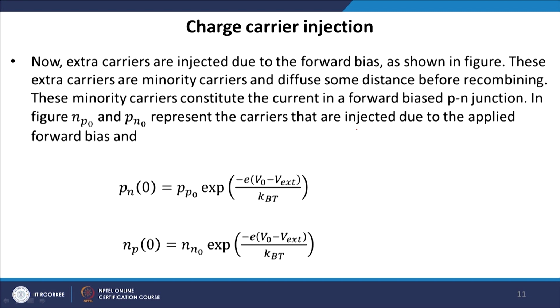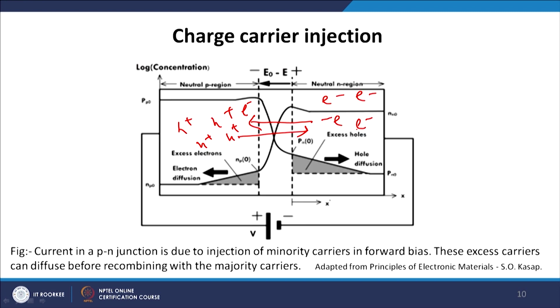You remember, if we look at the previous diagram again, NPO is the electron concentration in the P side. What does it signify? Holes are the majority carriers in the P side, but where is this electron coming from? From the N region. But once it reaches the P side, it is no longer a majority carrier.